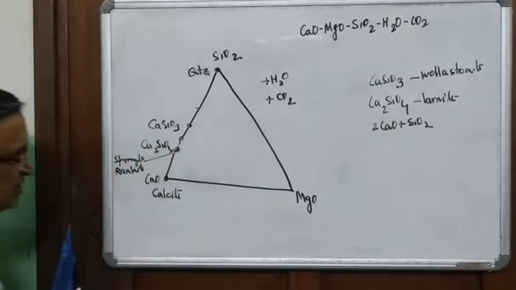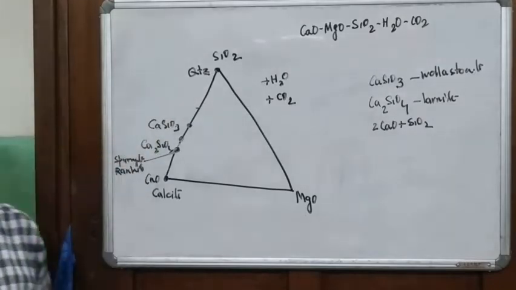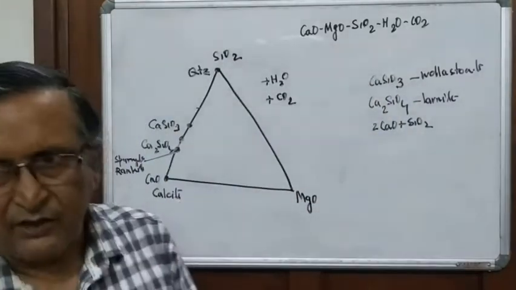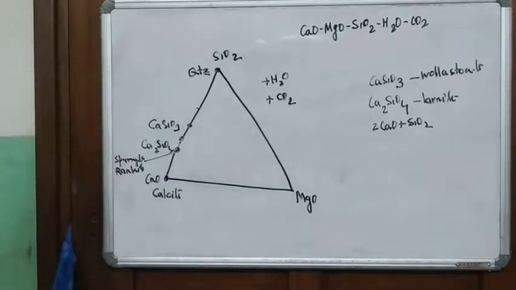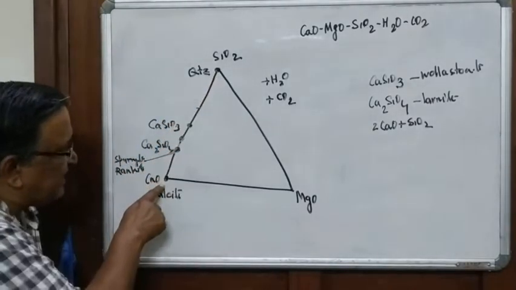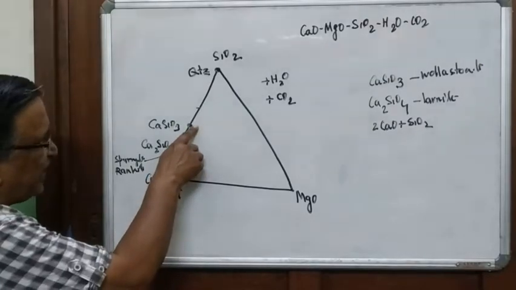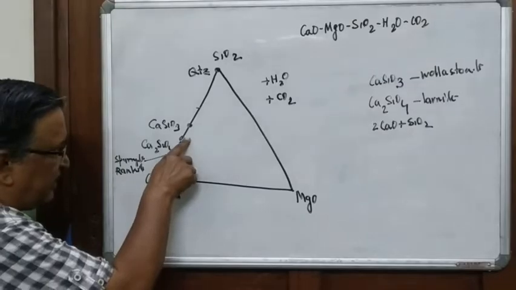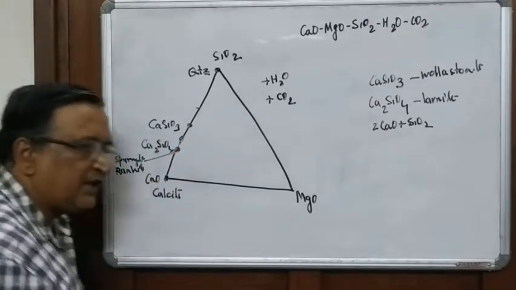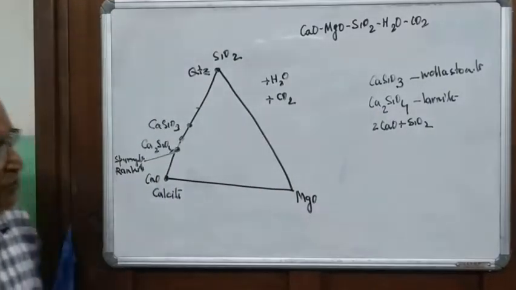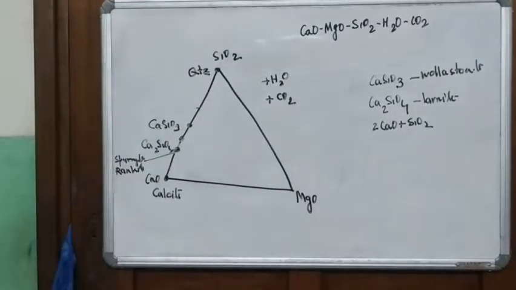Slightly lower than this, you will plot the position. You can take a line and write down the ratios, and you can plot the points, and you will see that they plot here. So you have quartz, you have calcite at the end, you have wollastonite somewhere in the middle, you have larnite here, and here you have spurrite, rankinite, etc. Very close spaced in that place.